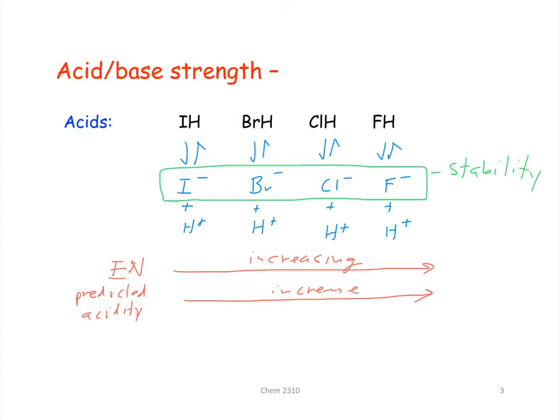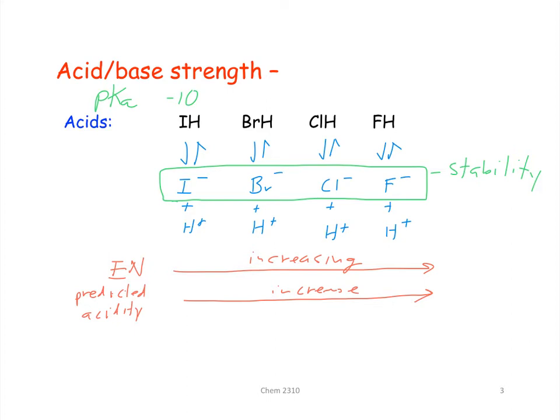Alright, now let's look at the pKa values of these and see if we're right. The pKa value of HI is minus 10. That means the Ka is 10 to the 10th, a very big number, meaning this acid is going to completely dissociate in water, just like we know happens for all strong acids.